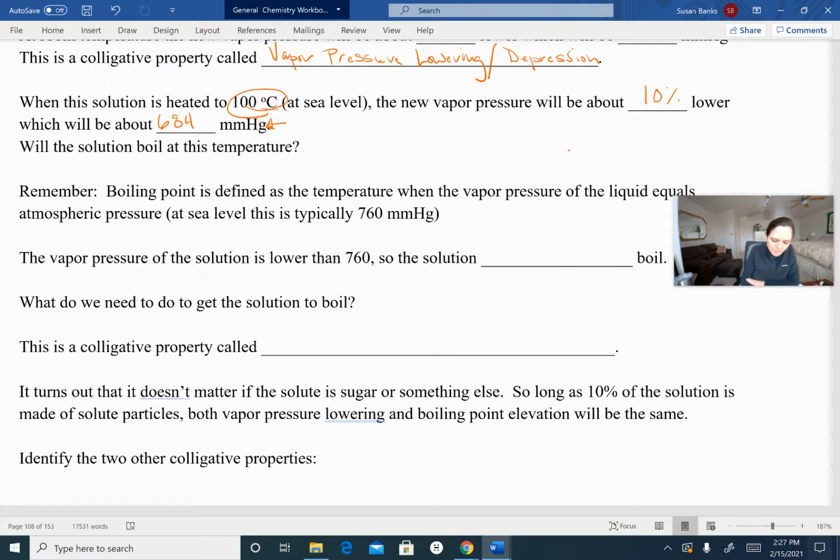No, it will not. It won't boil because the vapor pressure does not equal the atmospheric pressure.